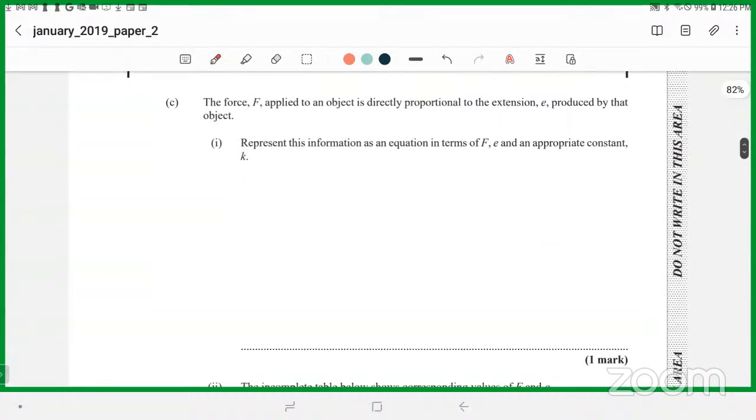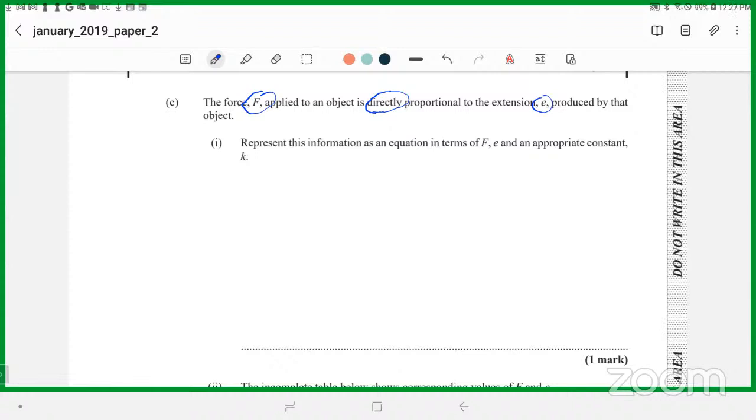All right. So this question is a variations question. It says the force F applied to an object is directly proportional to its extension E. So the variable is F. Remember, when it's direct, it's K times. Simple as that.